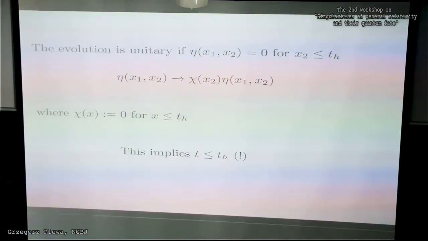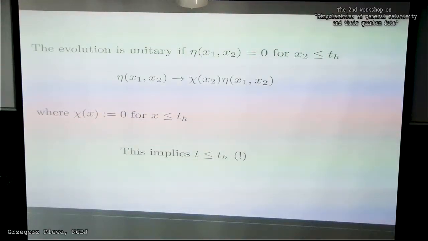This th is an additional parameter of our construction, and introducing th implies that our time is bounded by its value.